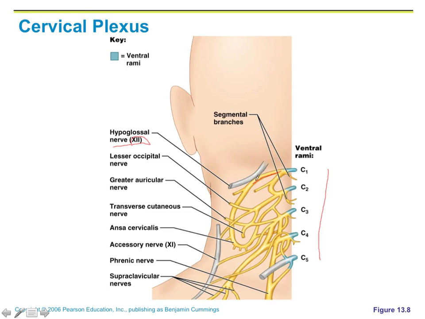The C1 will send a branch to link with the C2, and the C2 will also send fibers to link with the C3. Then the C1 will send two branches.